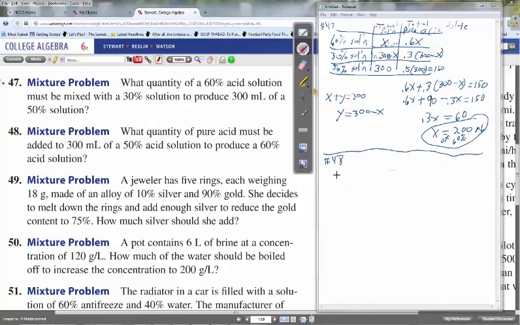Well, let's see here. We're combining 50% acid with pure acid, so that would be 100% solution, to get 60% solution.